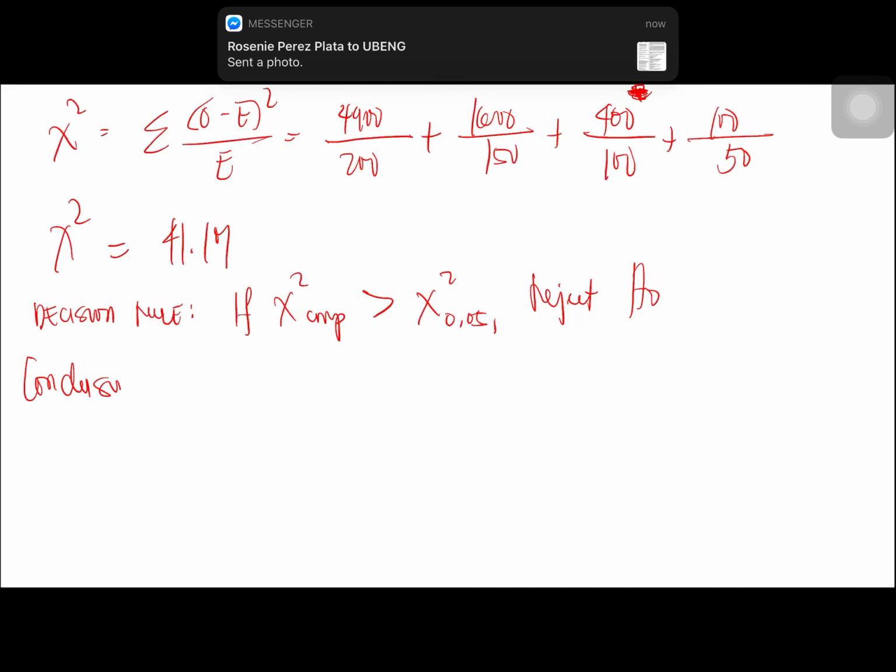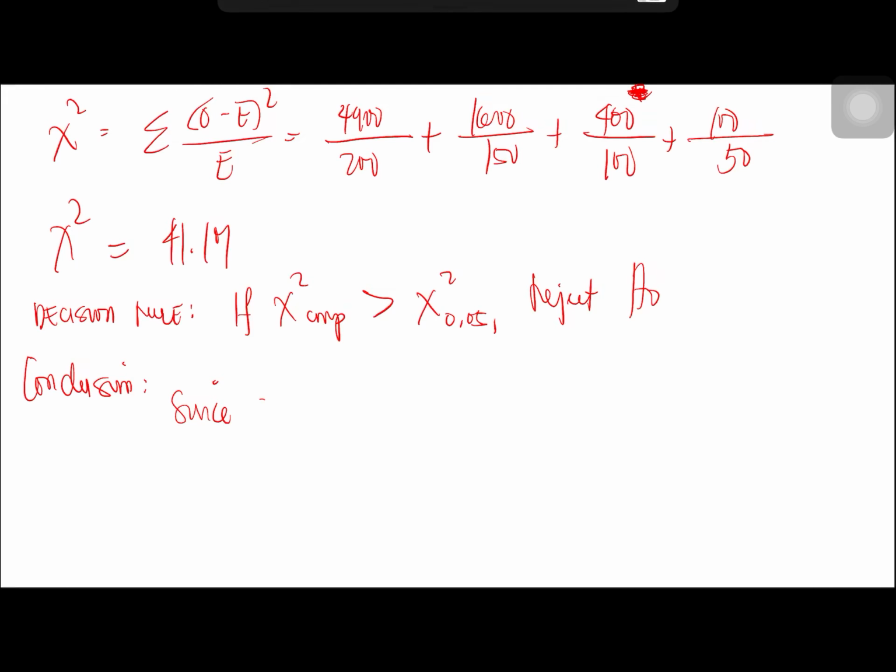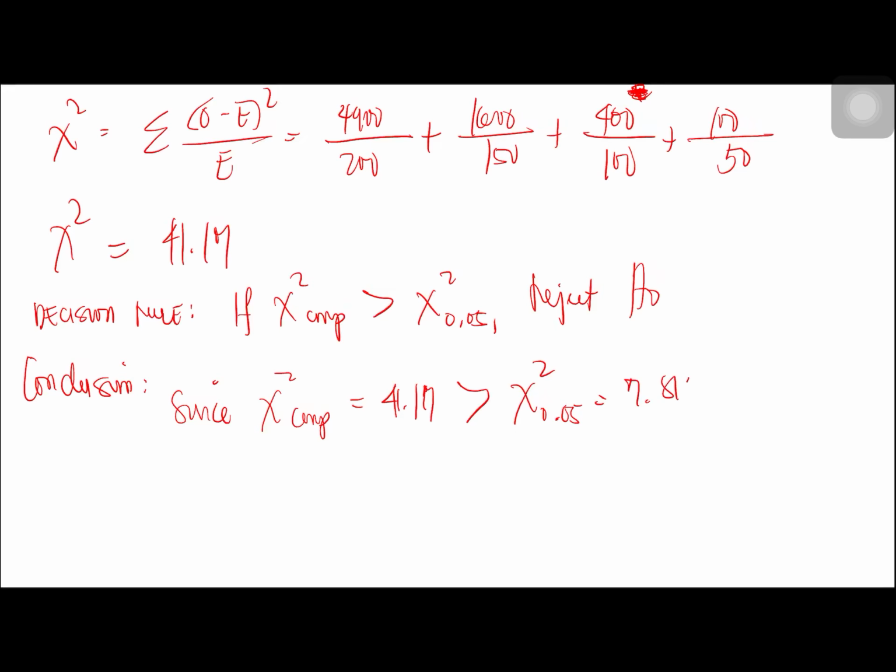So for our conclusion, since chi-square computed value is equal to 41.17, it's greater than our chi-square at 0.05, which is 7.815, we reject our null hypothesis.